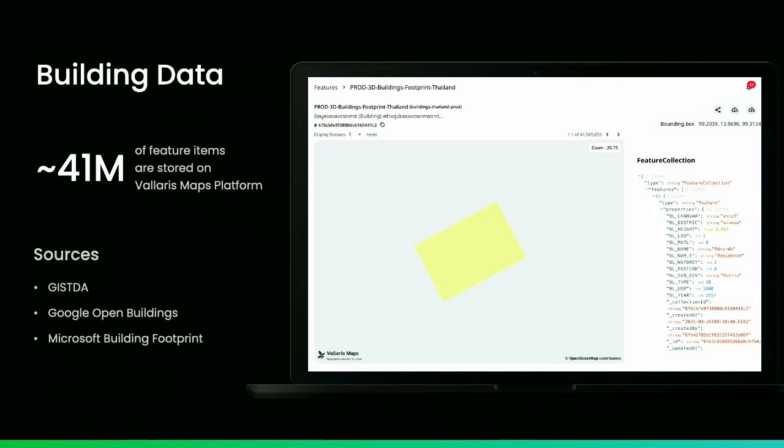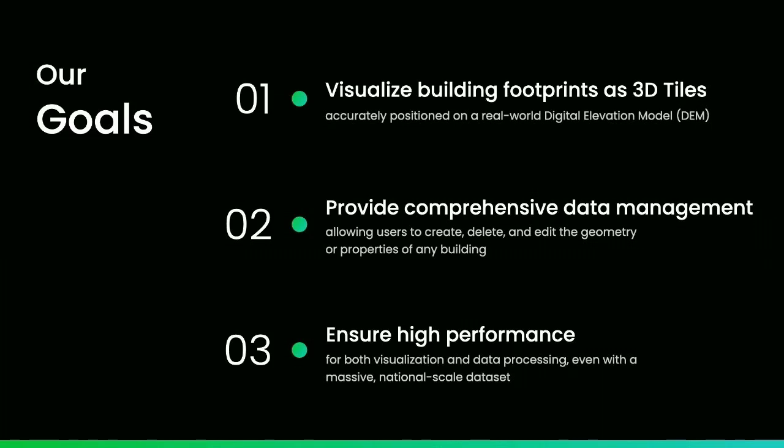So we need to convert the buildings into 3D models. Its goal is to visualize building footprints as 3D tiles and render them on the map with speed, and to provide data management so that we can edit building footprints or create new ones.